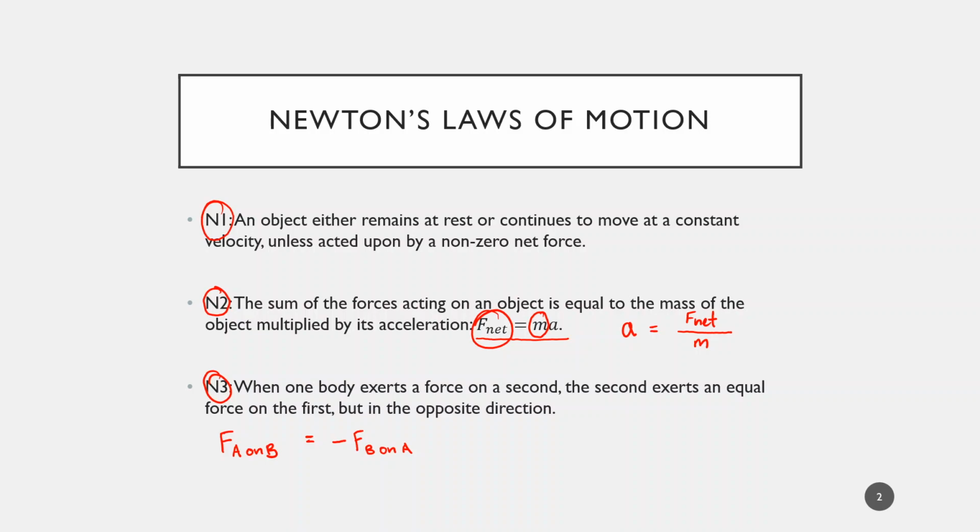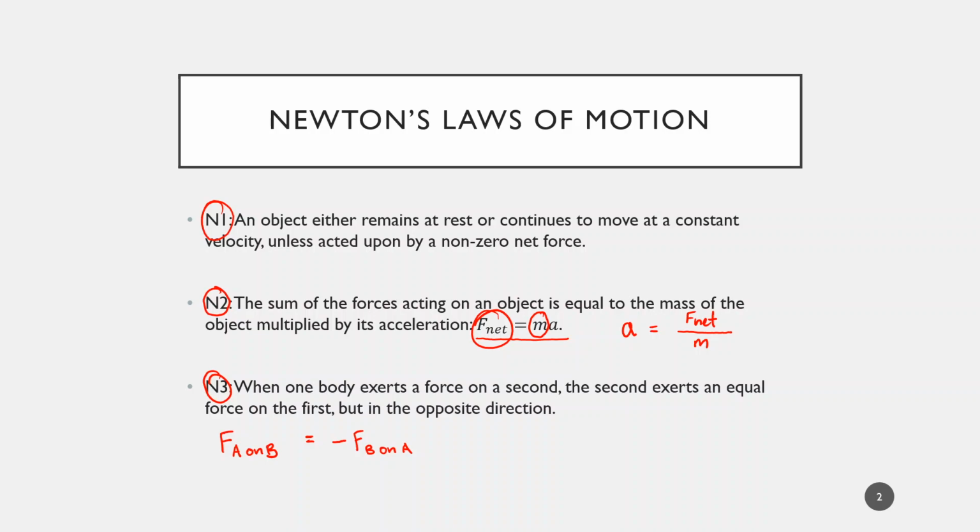So when you push on a wall, the wall pushes back on you. Or if you pull a rope that's attached to the wall towards you, the wall is pulling that rope back towards it as well.